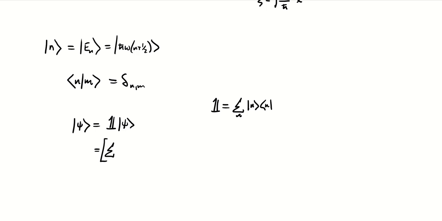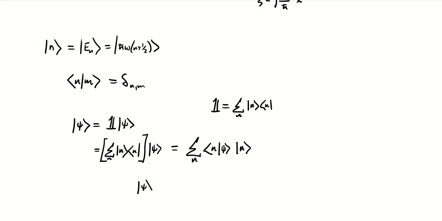So I can write my state vector as the projection onto all my basis vectors. And this means that it's equal to the projection of that state vector onto my basis vector times that basis ket.